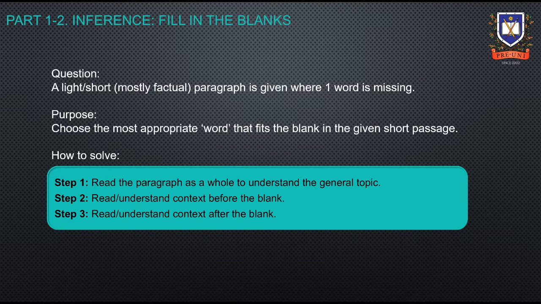To do these questions, we're going to be following 3 main steps whenever we approach them. They involve reading the paragraph carefully to understand what the general topic is, and that will hopefully point you towards which answer option is going to make the most sense. Then the other 2 tips are to look very closely at the words used just before and after the blank, because those provide the most contextual clues on what word you might need to put in there to be the most correct.